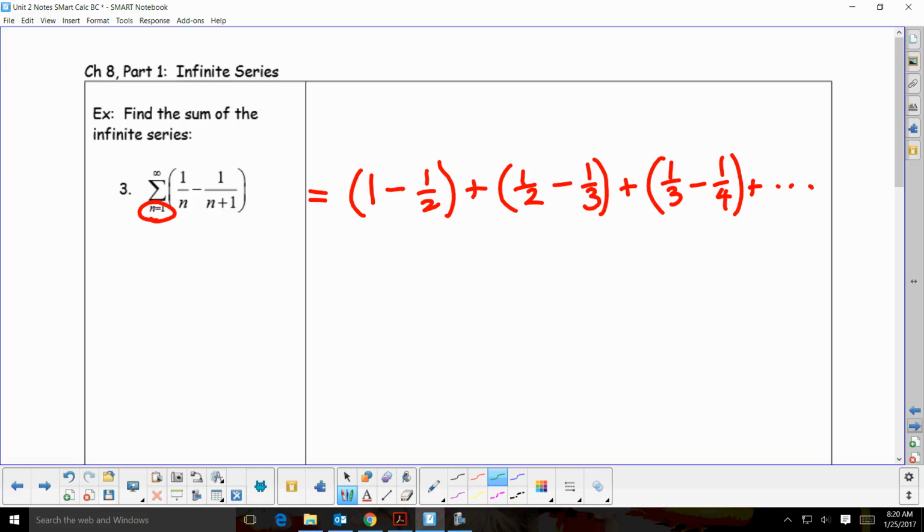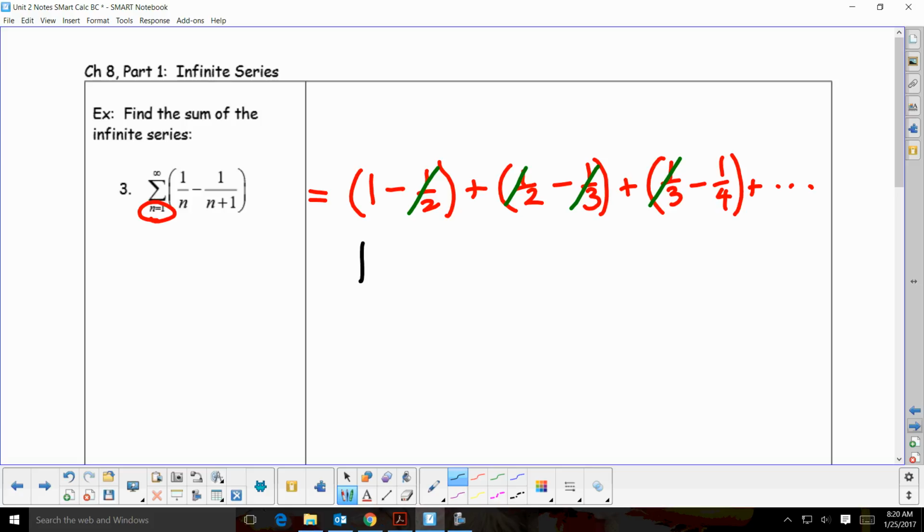Perfect, yeah. She says negative 1/2 and 1/2 cancel, right? What's going to end up happening as you keep going? Keep canceling. We're going to keep going out, right? So this is actually 1 for your answer.